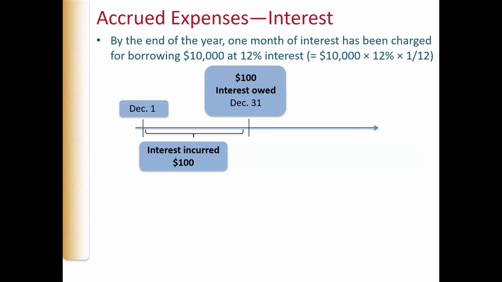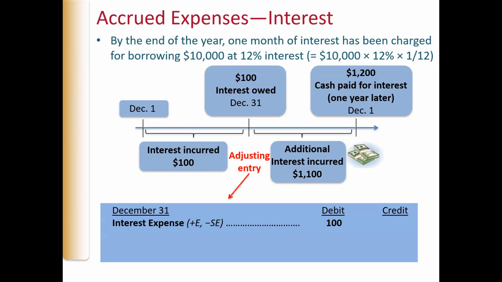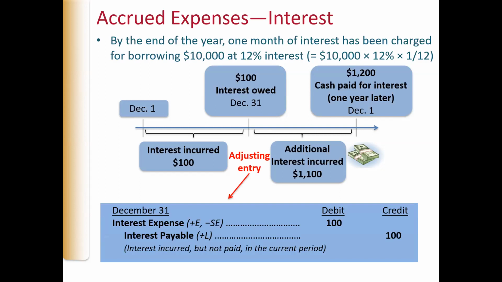By the end of the year, 1 month of interest has been charged for borrowing $10,000 at a 12% interest rate, even though it won't be paid for a year later. We need to show the interest expense, and we credit that interest payable.